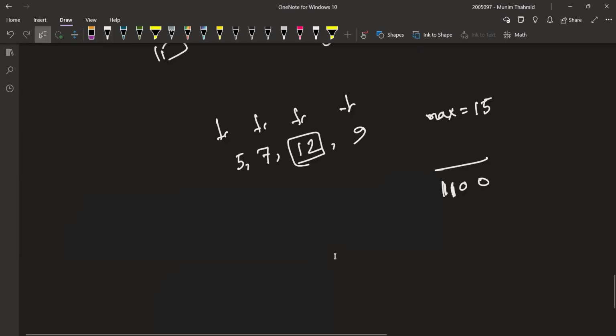Okay. Let's sort them again because that's simpler.